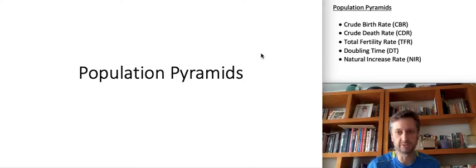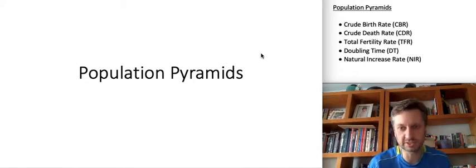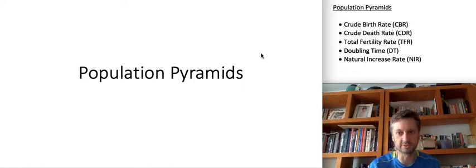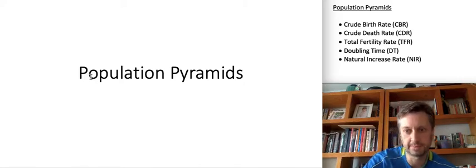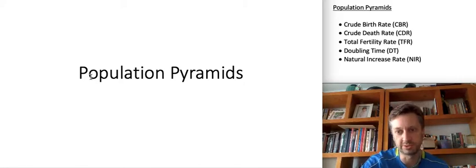So a population pyramid can give you some indications, not necessarily hard figures, but an indication of, for a country, its crude birth rate, its crude death rate, the total fertility rate, the doubling time of the population, and the natural increase rate. My intention is I'll just start by giving you a brief overview of what a population pyramid shows, and then I've got four case studies of four very different countries, so we can compare a population pyramid of each of those places.